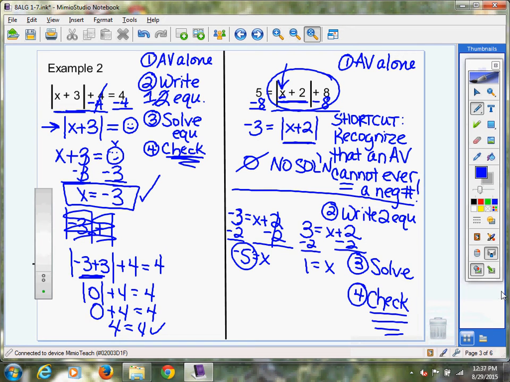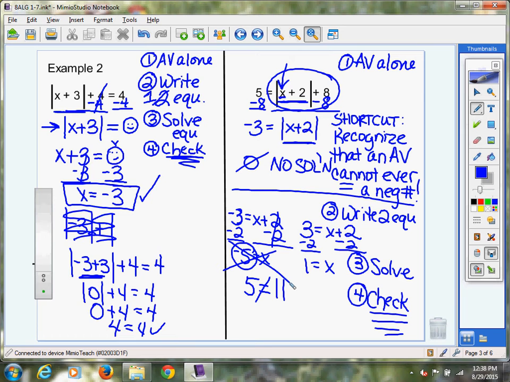What's the absolute value of -3? +3. What's 3 plus 8? 11. Guys, the last time I checked, 5 does not equal 11. You cannot use that number as an answer because it doesn't check out. You have to mark it out. You can't use it.